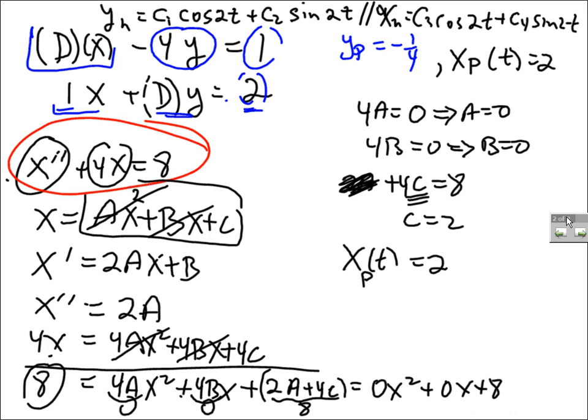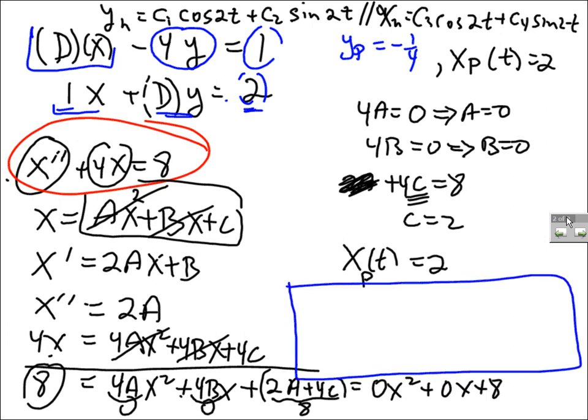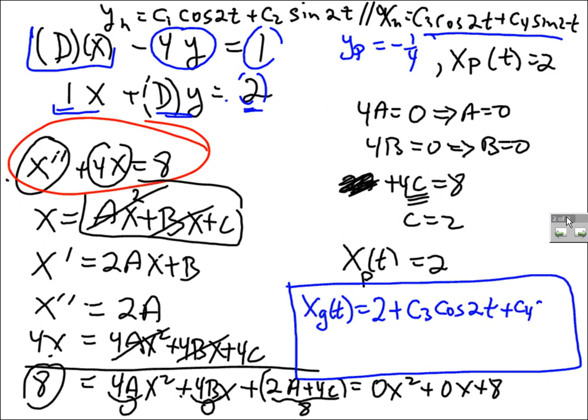So now we are in a position to write down the general solution. X general of t is going to be the particular solution of x plus the homogeneous, which is up there: C3 cosine of 2t plus C4 sine of 2t.